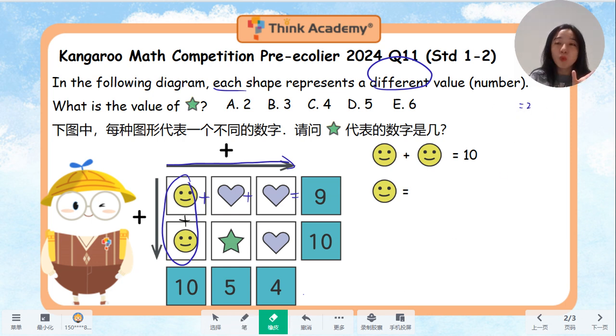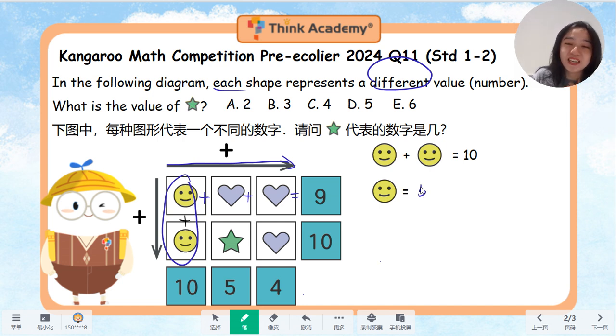Just keep adding 1 plus 1, 2 plus 2, 3 plus 3, until you get a number which added to itself equals 10. What is it? Great, I think you got it. It is 5. See, we have used the first example to understand the rules, and also we know how we can translate the picture into basic operations.